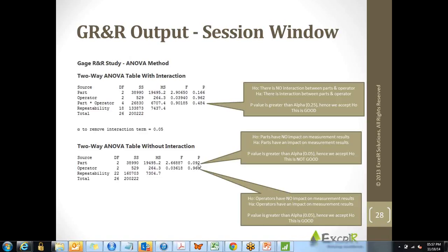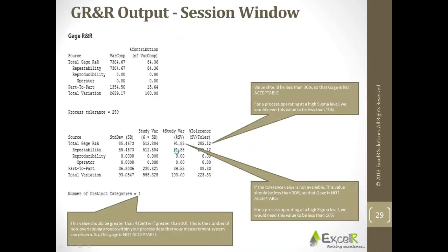Parts should impact in a big way on measurement results. However, operators should not have any impact on the measurement results. Due to interaction, there should not be any impact. Just remember that whenever there are different parts involved, they should contribute to the majority of the impact on measurement results. Let us move on.